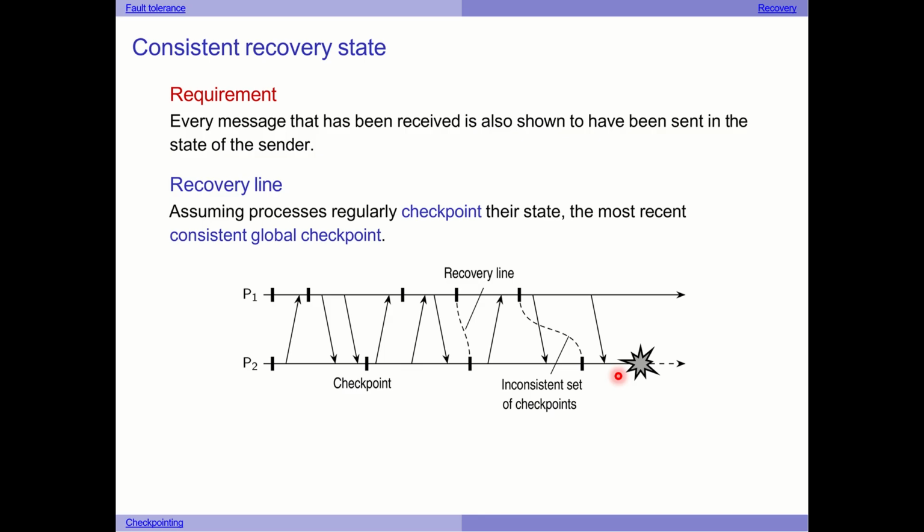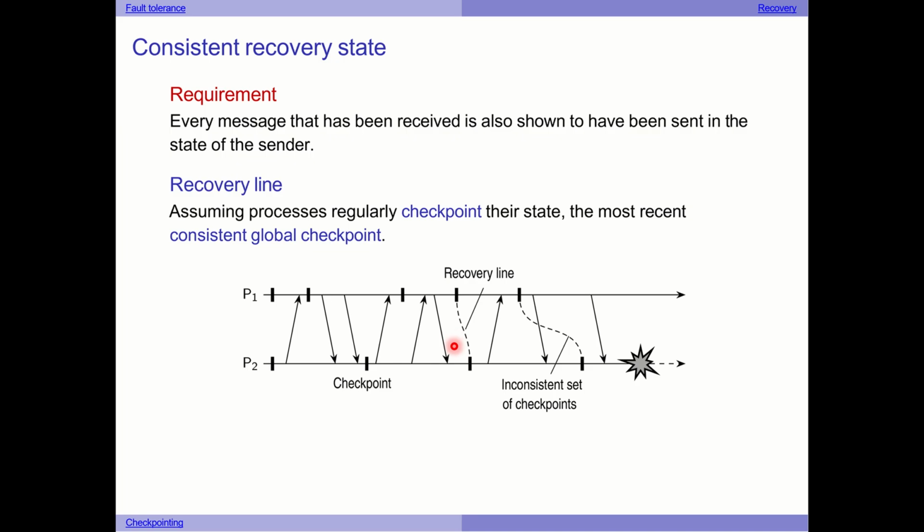A consistent checkpoint pair means, for example, if P2 says it has received a message from P1, then P1 must have sent that message before its checkpoint.